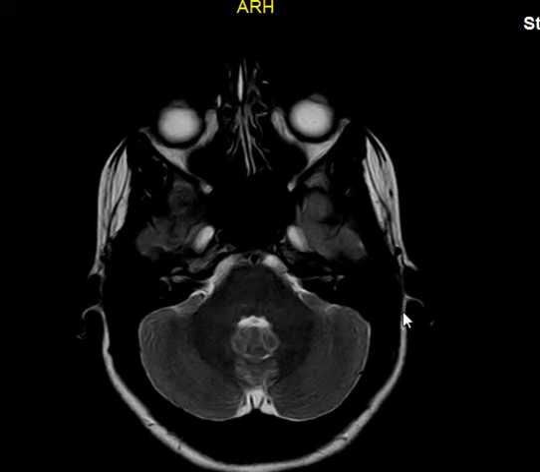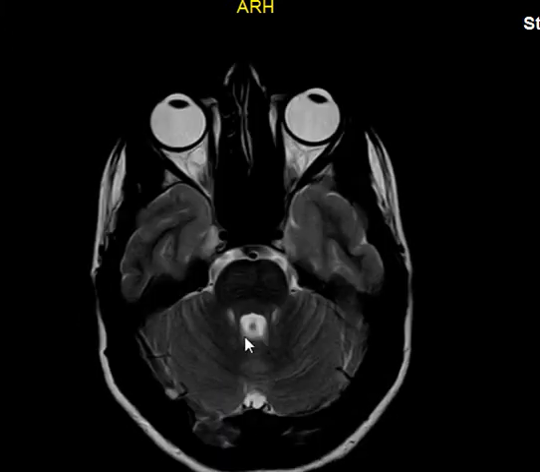So we have the inferior cerebellar peduncle, middle cerebellar peduncle, and superior cerebellar peduncle. The largest, the most obvious one is this big one, the middle cerebellar peduncle, that connects the pons to the cerebellum. And if we go up, we can see this small tiny one. This is the superior cerebellar peduncle connecting the midbrain to the cerebellum.